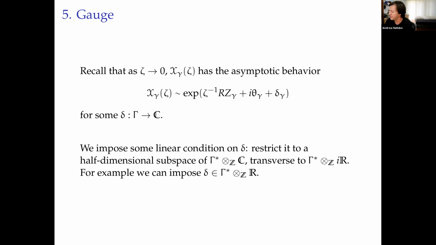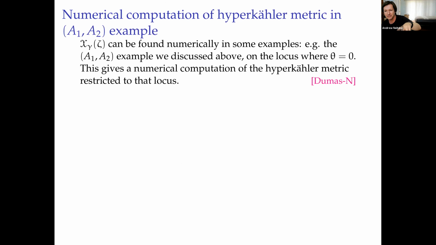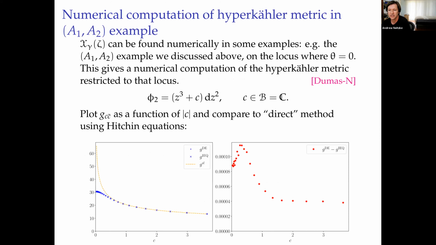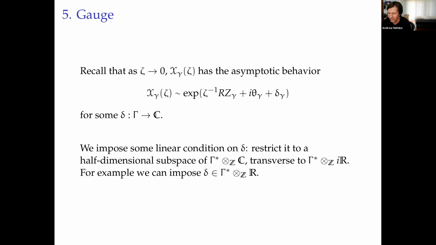Now, the funny thing is that if you do the WKB analysis of this family of Higgs bundles, and you ask what's going to be the first subleading asymptotic, and you think that theta and gamma are like the usual coordinates on the Jacobian, the standard coordinate system on the moduli of Higgs bundles, then I think you find that this delta is not real. Now it obeys some other condition. It's kind of type (1,0). It has to do with the integral of a (1,0) form over the spectral curve.